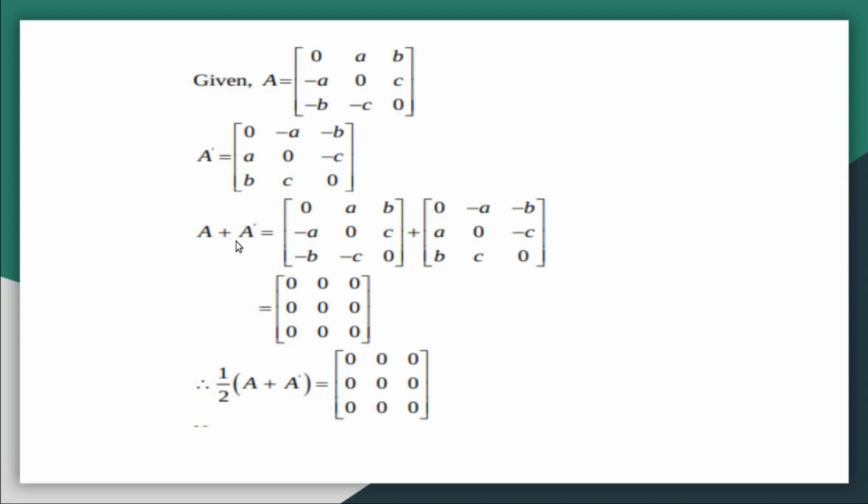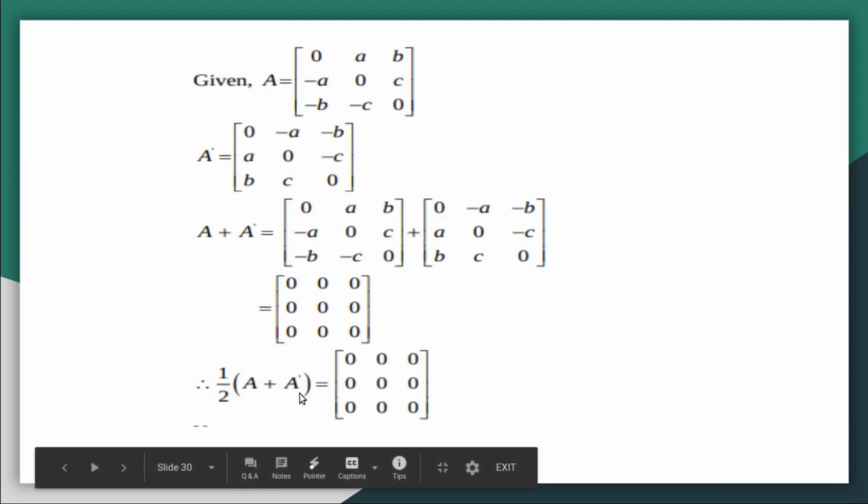Now we have to find A plus A transpose. 0 plus 0 is 0, a plus minus a is 0, b plus minus b is 0, minus a plus a is 0, 0 plus 0 is 0, c plus minus c is 0, minus b plus b is 0, minus c plus c is 0, 0 plus 0 is 0. So A plus A transpose is a 0 matrix. So half into (A plus A transpose): multiply each element by 1 by 2. So we get the 0 matrix.